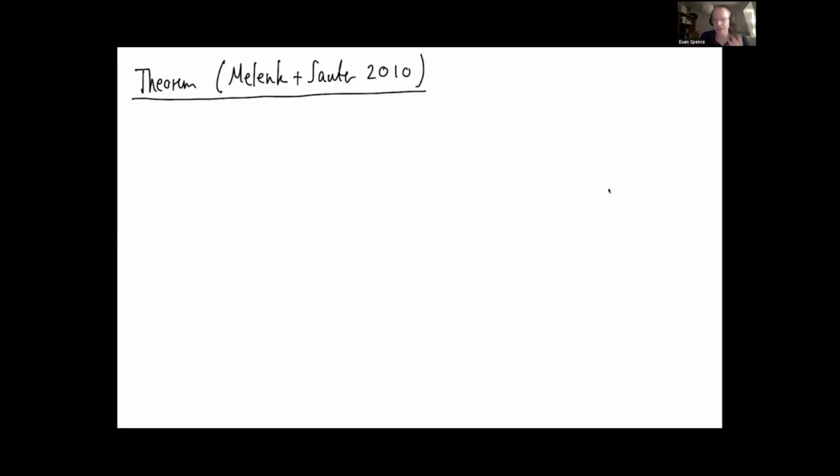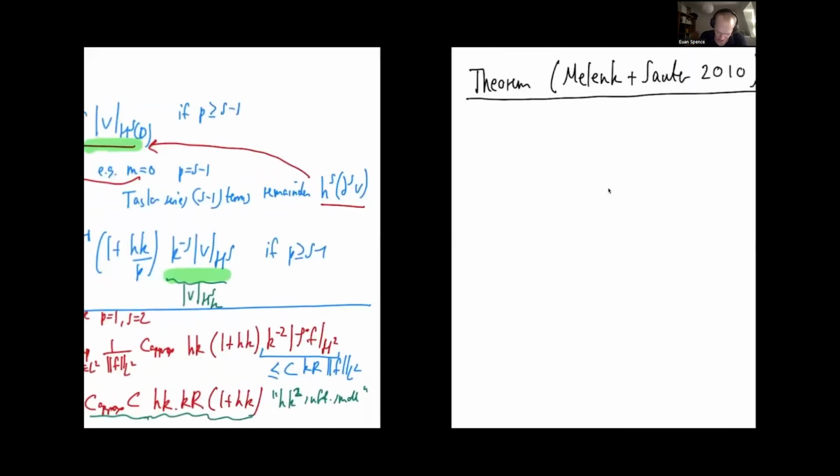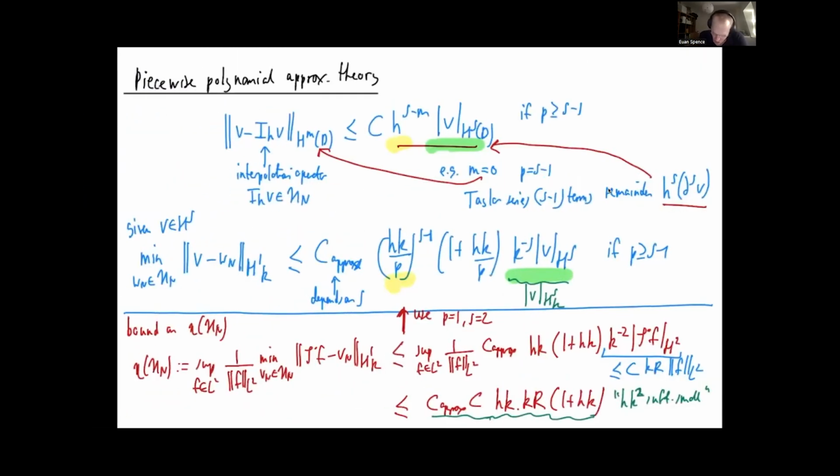And the idea is, okay, the origin of the pollution is this factor of KR that's arising from bounding this H2 norm in terms of the data.